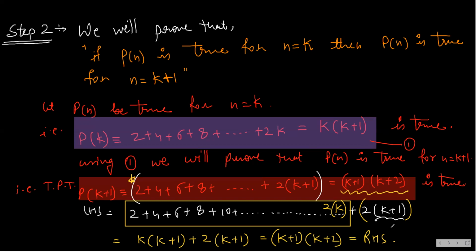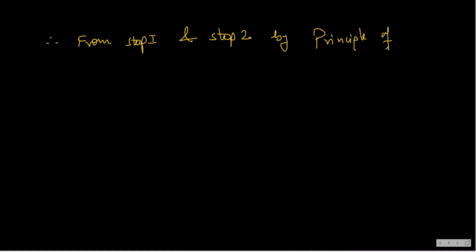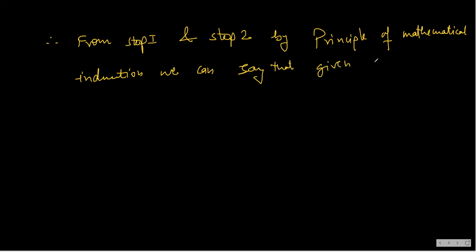so I will now write here, therefore from step 1 and step 2 by principle of mathematical induction, we can say that given proposition is true for all n natural.